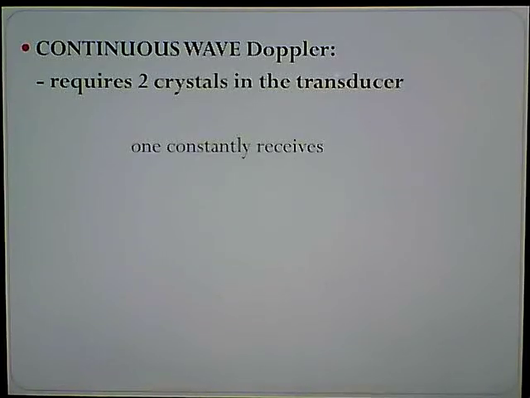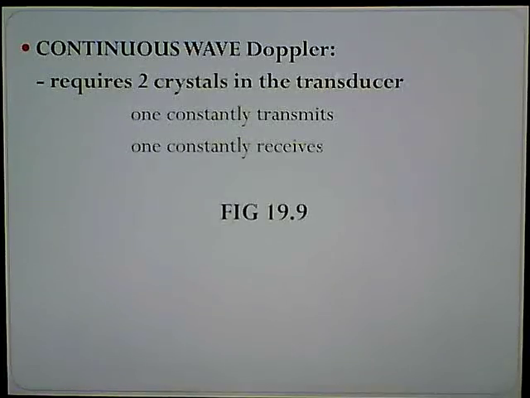One is constantly transmitting, one is constantly receiving. Figure 19.9 shows that. It gives the picture. The yellow is the transmit beam, the red is the receive beam, and it kind of overlaps. And you notice where the overlap happens throughout the entire vessel.